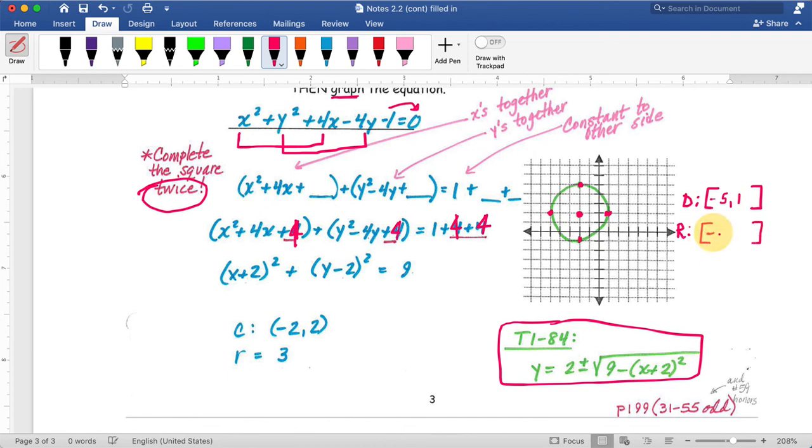Looks like -1, that's 0, 1, 2, 3, 4, 5. So there's my domain and range. The highest y value would be a +5. And yeah, that looks pretty good.